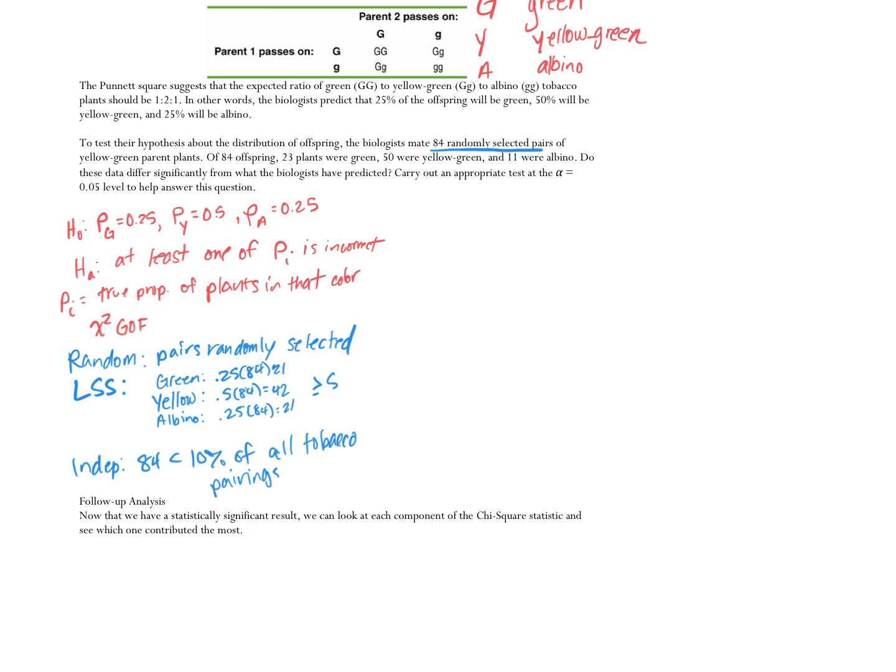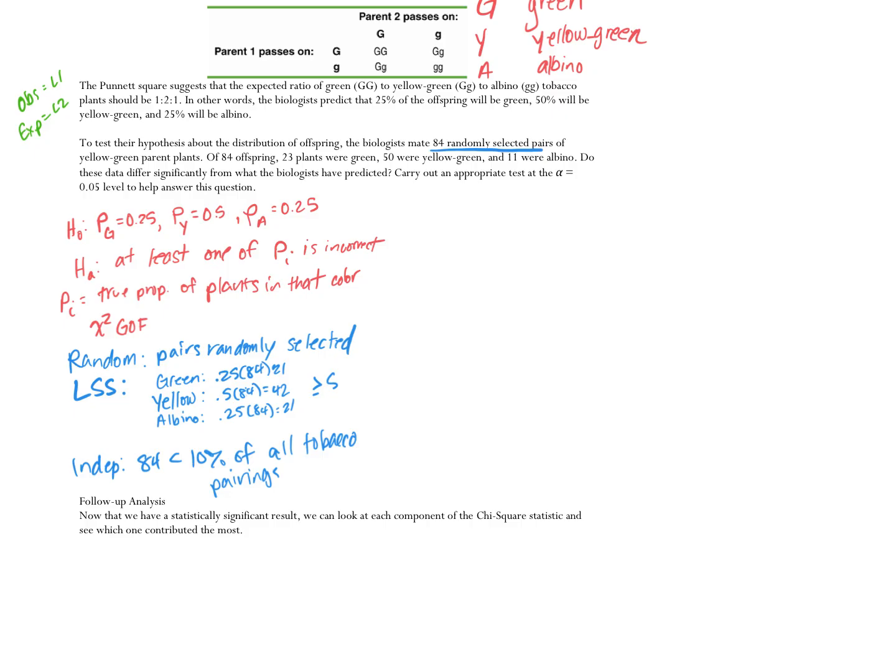Again, I would write a note to myself just to be on the safe side that I have my observed in L1, my expected in L2, in case I'm misremembering which one my calculator's asking me for, right?